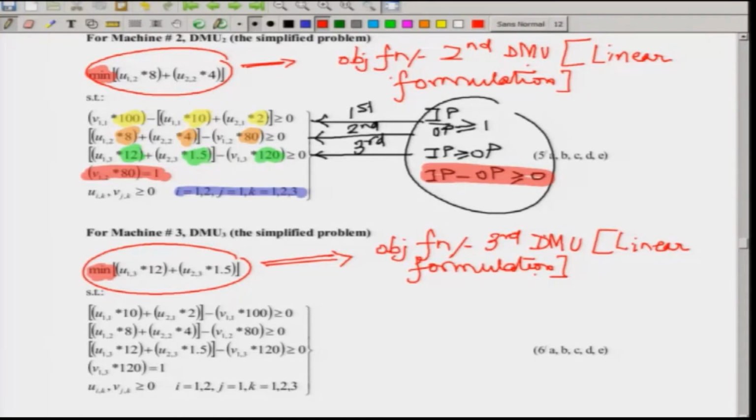And if I consider again the same scheme, input by output being greater than 1, input greater than output, input minus output greater than 0.